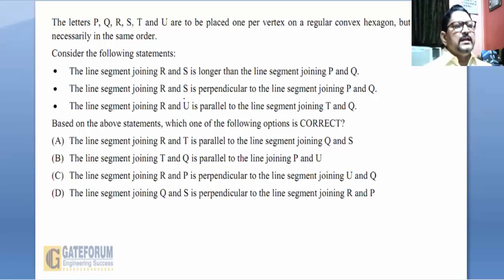So P, Q, R, S, T, and U will not fall necessarily in the same order. Consider the following statements. The line segment joining R and S is longer than the line segment joining P and Q. Two cases can be possible, but the challenging part is drawing the hexagon.